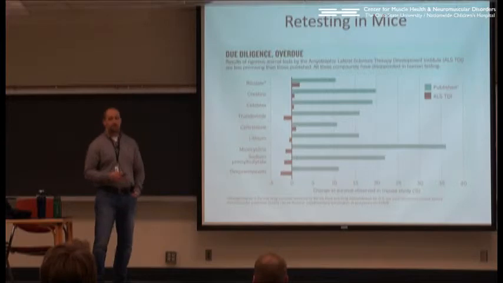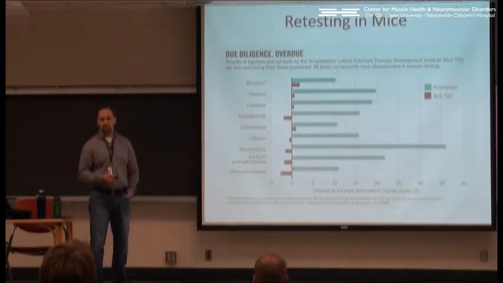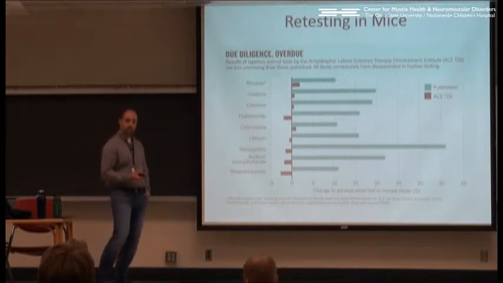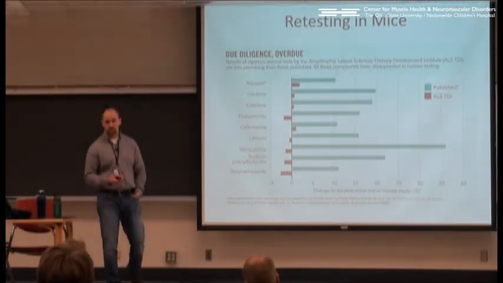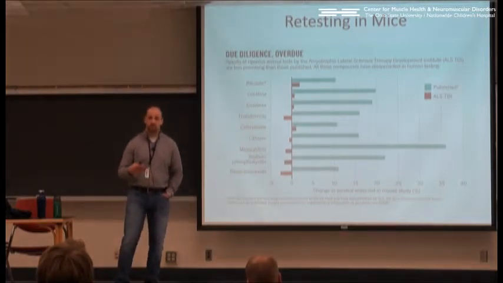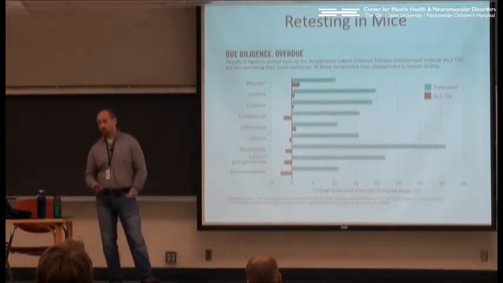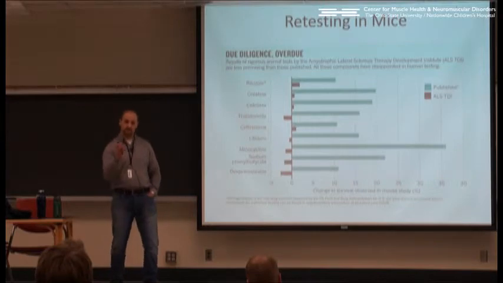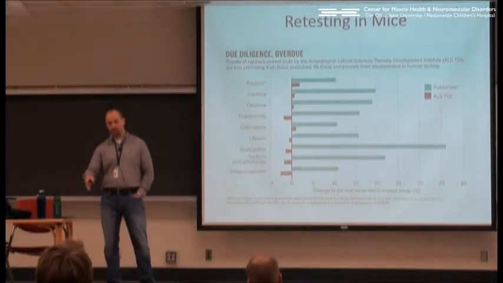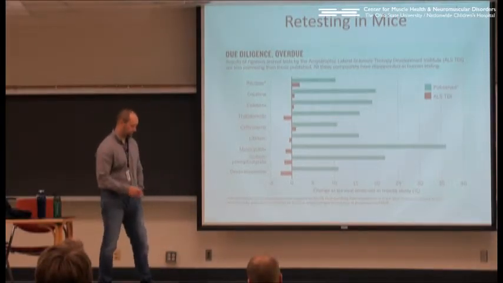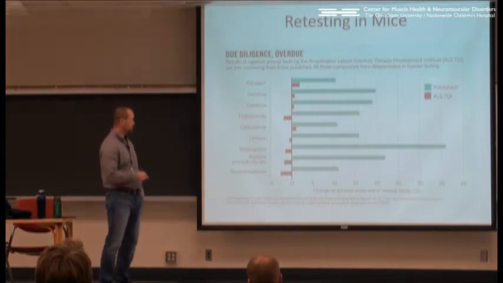And they've essentially tried to replicate the data that was in the original publication. They try to replicate it with what they feel is an appropriately designed study. So they're trying to balance the sex, and instead of group sizes of 7, group sizes of 30. And they're having trouble replicating these things.